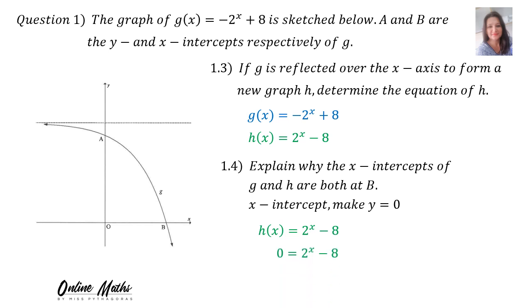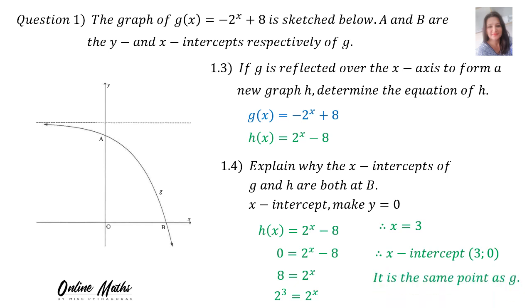There's h of x is 0 equals 2 to the x minus 8. Minus 8 walks across. 8 is 2 to the x. 2 to the 3 is 2 to the x. Therefore, x is equal to 3. So it's very clear that the x-intercept is also (3, 0). Therefore, it's the same point as g's x-intercept.